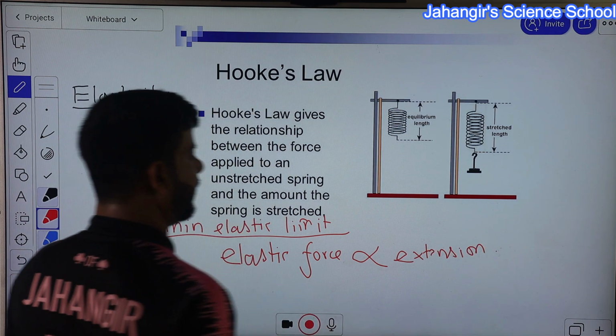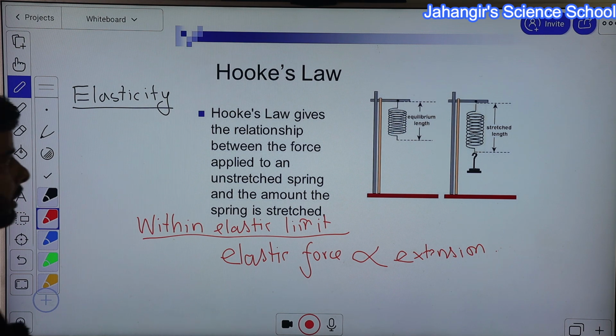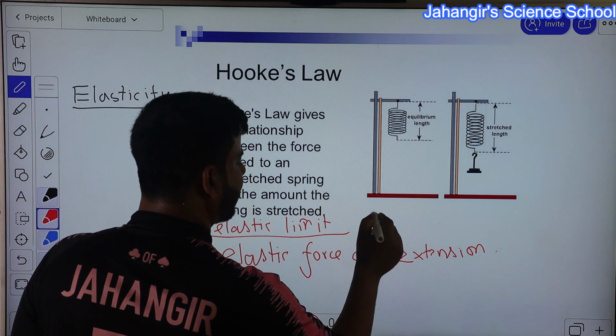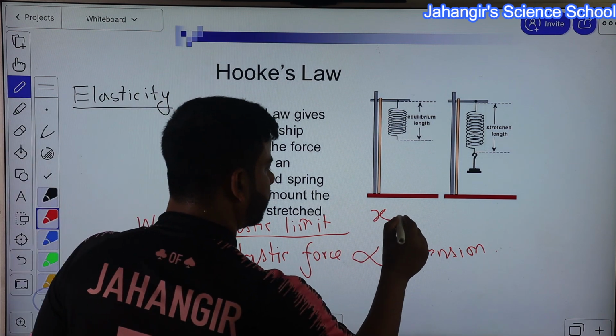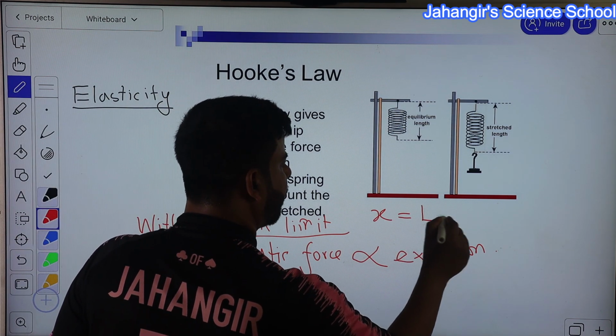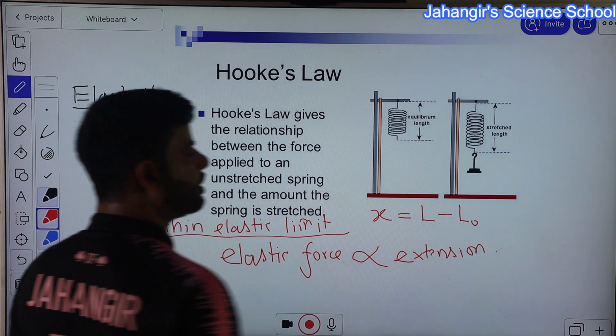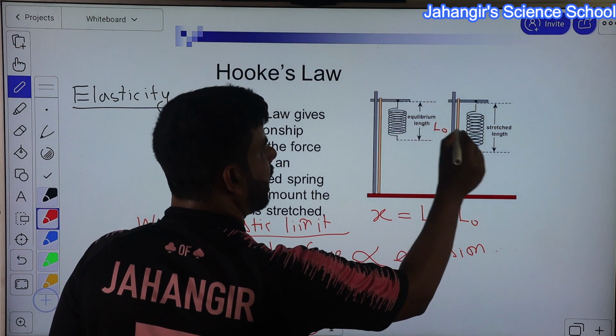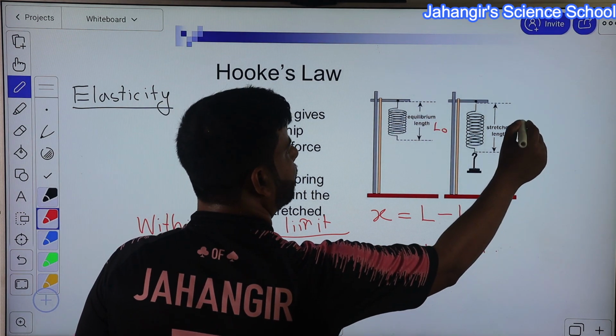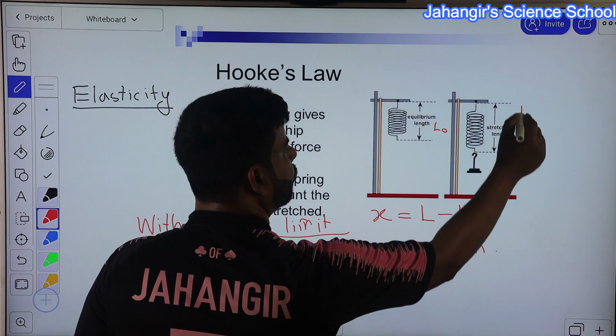What is extension? We can calculate extension. Extension is denoted by x. Extension is the new length minus the original length. L naught is the original length of the spring. Say this one is the original length and this one is the new length after application of the load force.